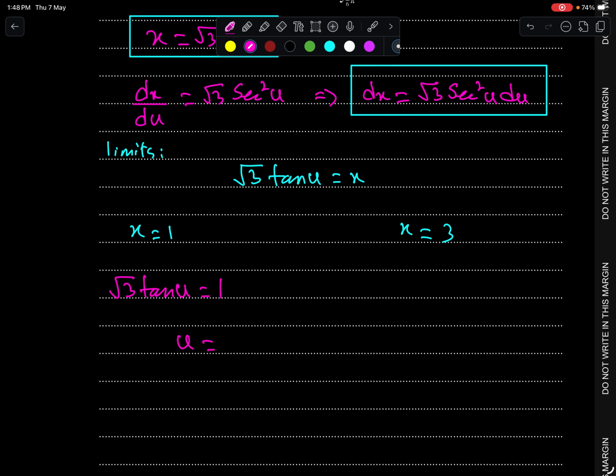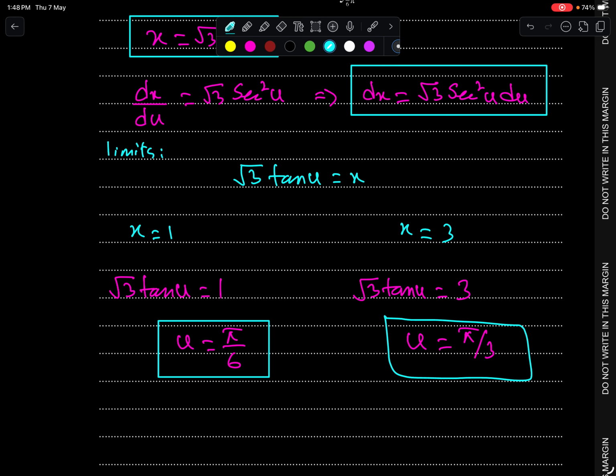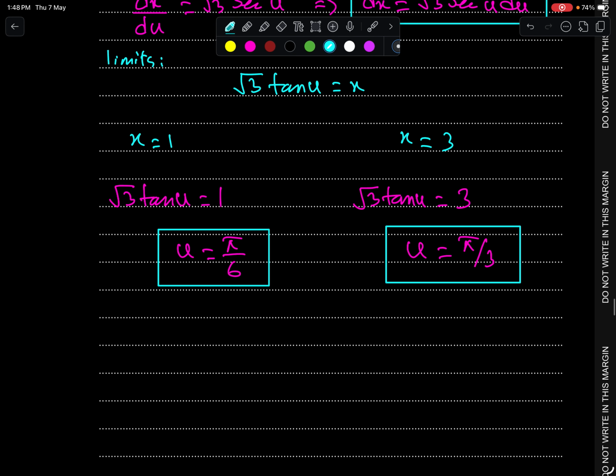Therefore, u is tan inverse of 1 upon root 3, so it should be pi by 6. Root 3 tan u is 3. Therefore, u is tan inverse of 3 upon root 3, which is pi by 3. Now box these two limits as well. We need all these boxes for the substitution into the given integral.